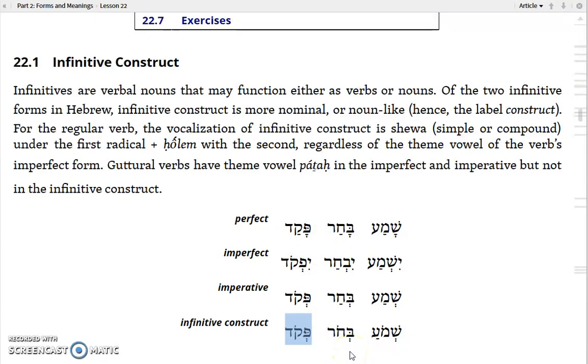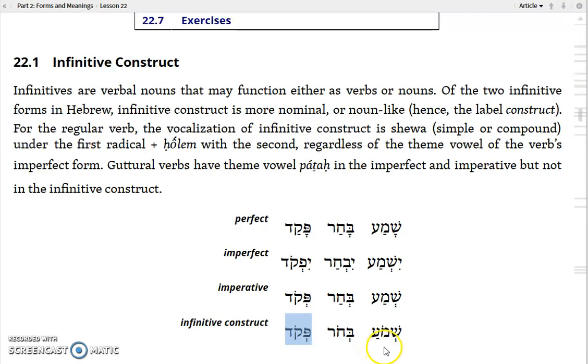Same would be true of a verb like bahar, which means to choose. But in this case, because of the guttural in the imperative form, you end up with a patah as the theme vowel. But the infinitive construct continues to have the holum, so it's more closely regular. Same thing with shema, which has a third guttural.